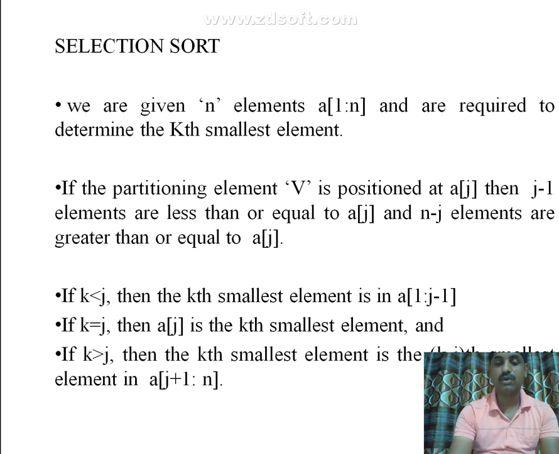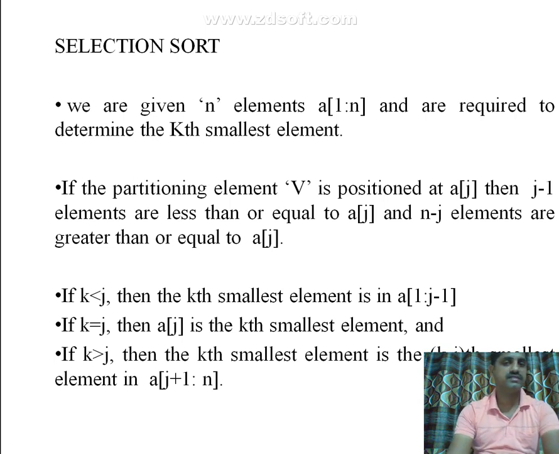If the first element is smaller than the second element, leave the elements as they are. We are given the elements e of 1 to n and are required to determine the ith smallest element. First of all, we compare the first element with the second, first with third. Likewise, we can select the elements.